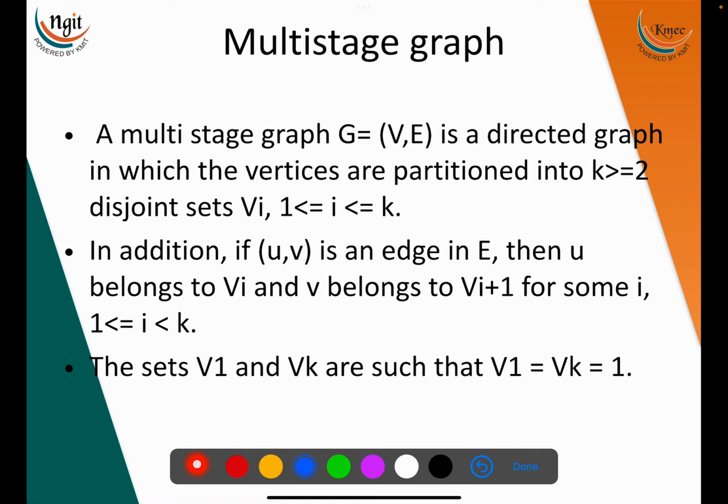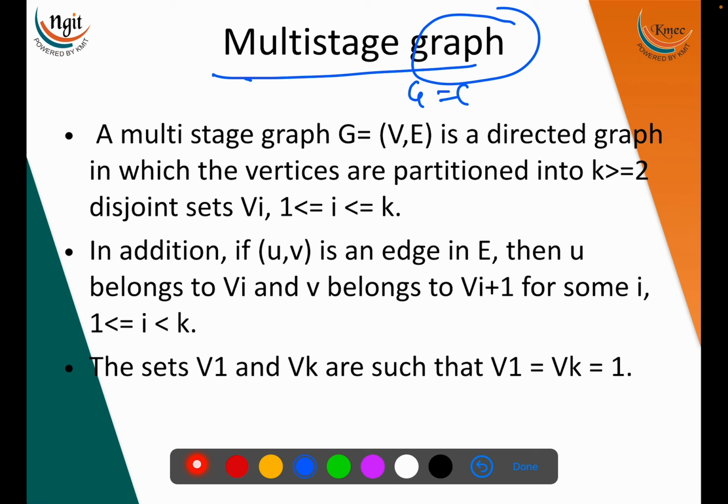Now let's understand what is multi-stage graph. We already came across what is graph in the previous videos. Now what is a graph? Graph G is equal to V comma E, where V is the set of vertices and E is the set of edges.